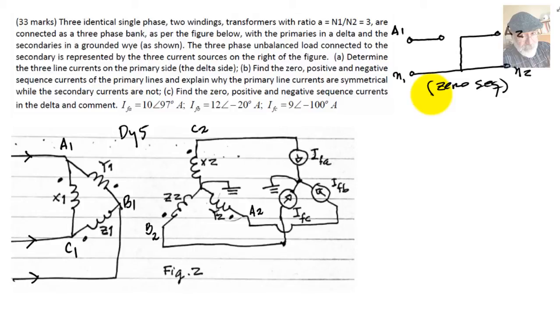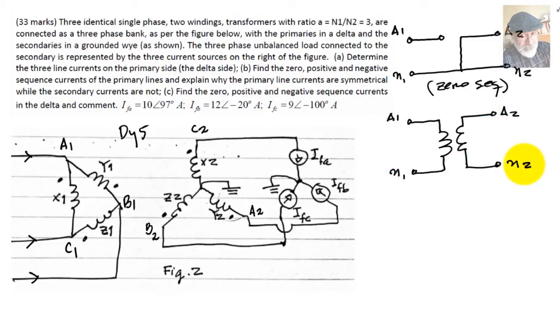That is the model of the zero sequence. Observe that these models are single-phase models. Phase A of the primary, neutral of the primary, phase A of the secondary, neutral of the secondary. The ratio of that imaginary transformer has not N1 turns on the left-hand side.